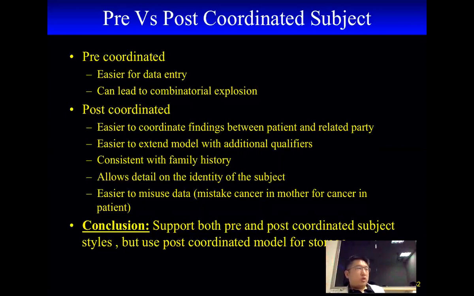And for post-coordinate, for example, the diagnosis of a patient. It's hard, because maybe you have 10,000 different diagnoses, and it's hard to create a code for all of them.